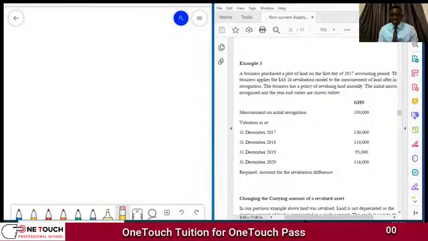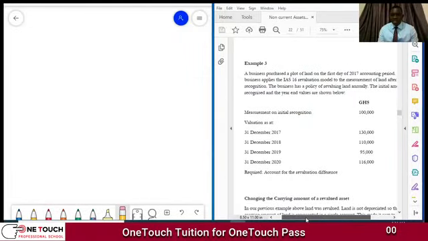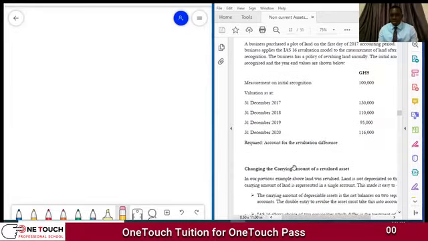The business has a policy of revaluing land annually. The initial amounts recognized and the year-end values are shown below. Account for the revaluation difference. Initially, the asset was measured at 100. On 31st December 2017, it was revalued to 130.